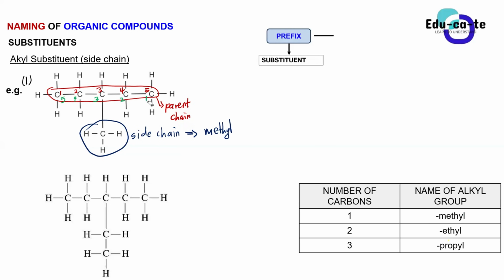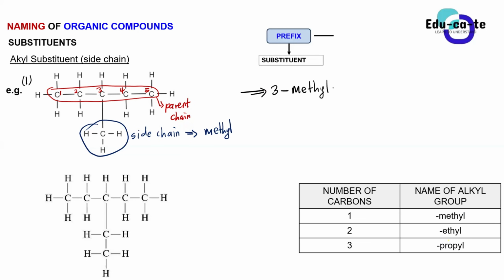So when you now write the name, you're just going to write that on carbon number 3, we are finding a methyl group. And then you count the numbers in the parent chain because you are done with all the substituents. It's only 1 substituent, of course, it's methyl. And then since this is having 5 carbons, the root name must have a pent in it, remember?